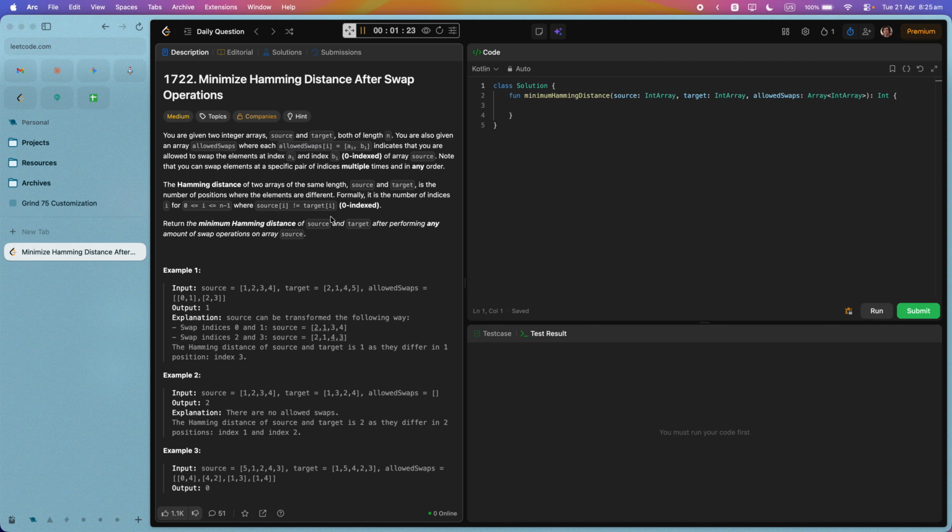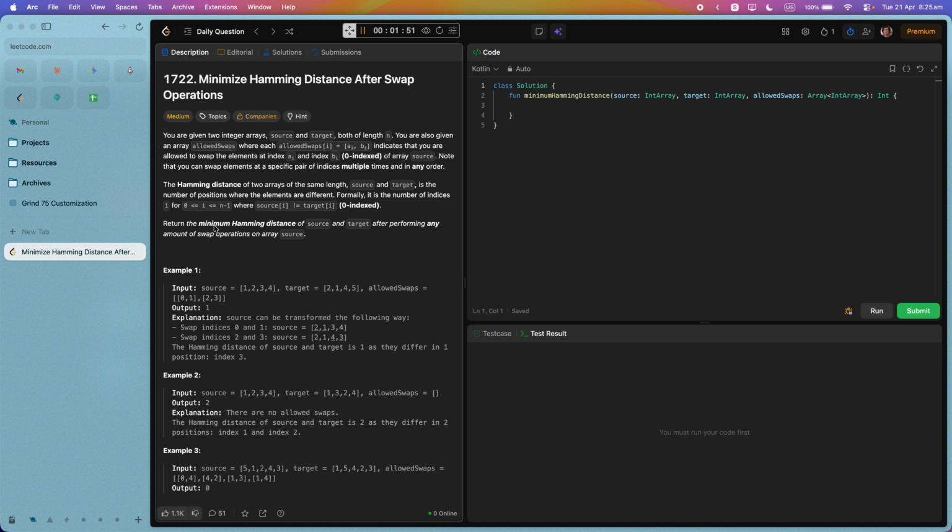Okay, so if I understand this correctly, wherever the numbers don't match, that is considered the Hamming distance. Return the minimum Hamming distance of source and target after performing any amount of swaps on array source.